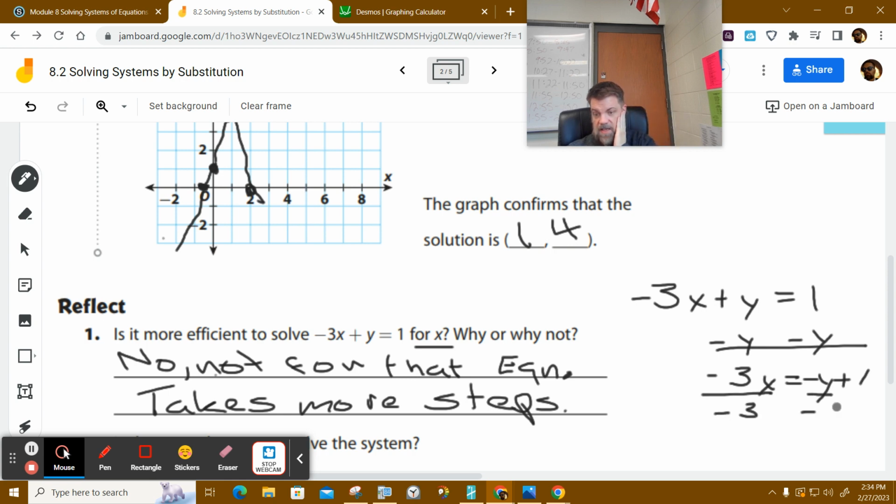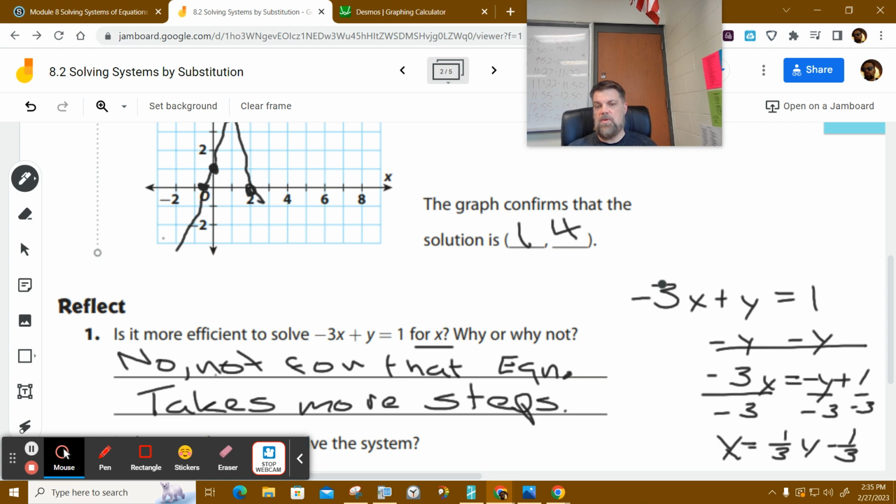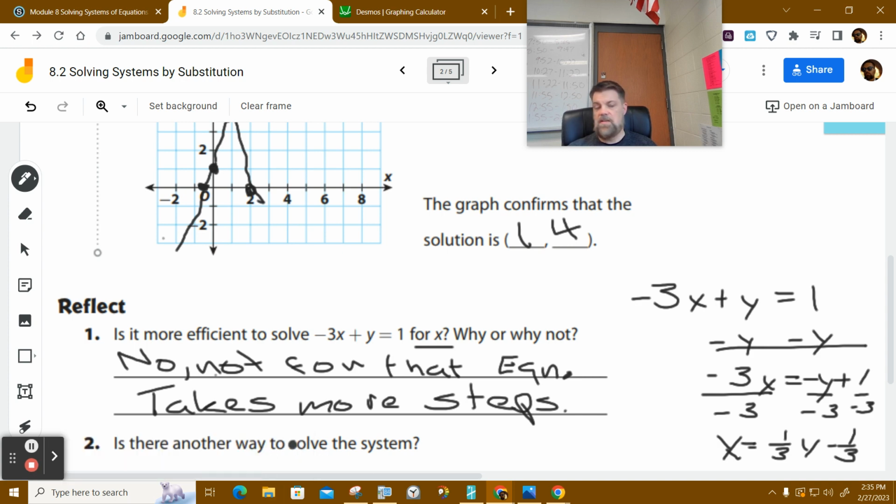And I would get x is equal to 1/3 y minus 1/3. Then I got to plug that into the equation, and then I got to do a bunch of stuff to get that to work, where the other way, the way that we did it, was a little more efficient. Does that make sense? Okay.